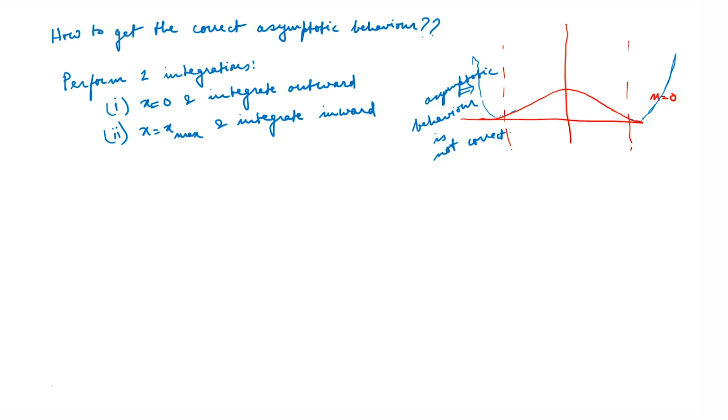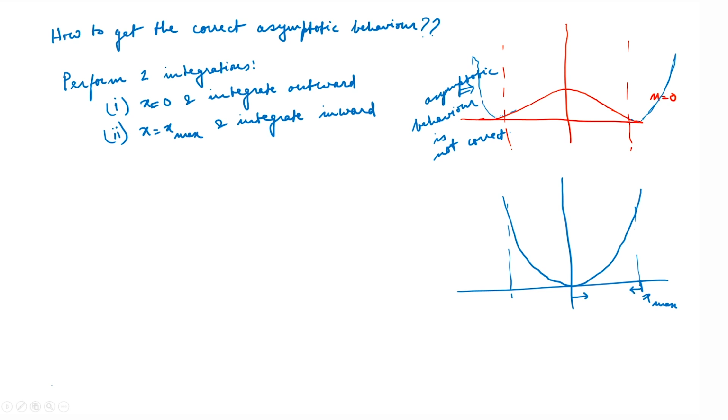So, basically, if this is my potential energy and I am trying to integrate from this limit, this is my x max. I will start one integration from x equals 0 and move outward. I will start another integration from x equals x max and move inward.